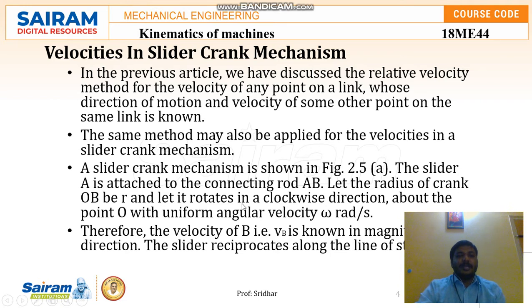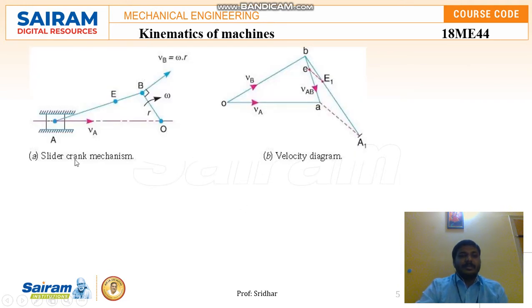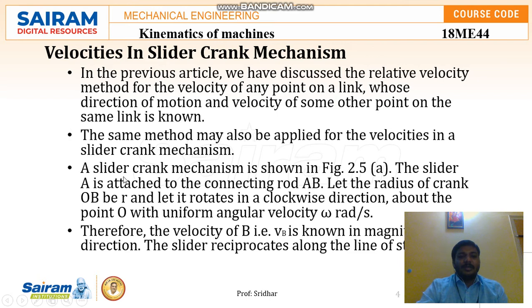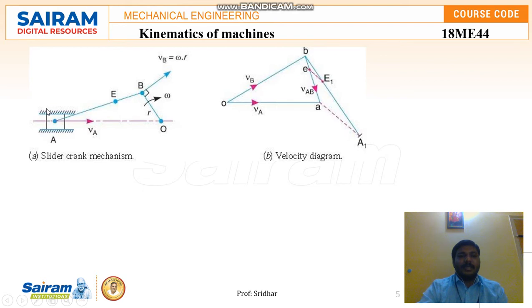So we'll see that in the diagram. This is the single slider crank mechanism. Because of this motion, the crank starts rotating and the motion is formed. We can see the slider A is attached to this connecting rod AB.